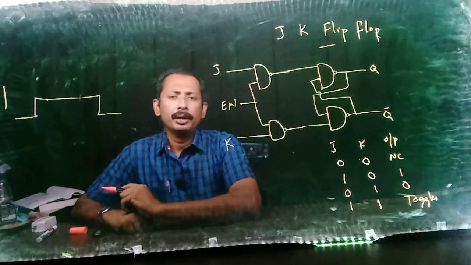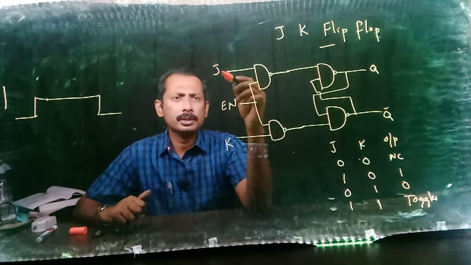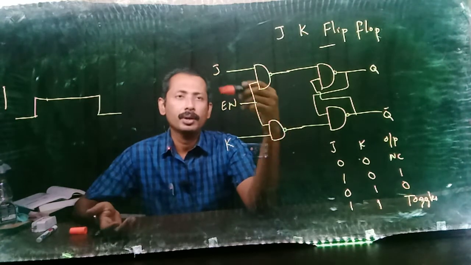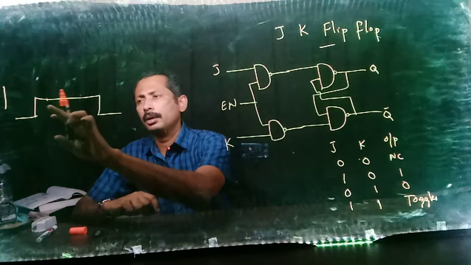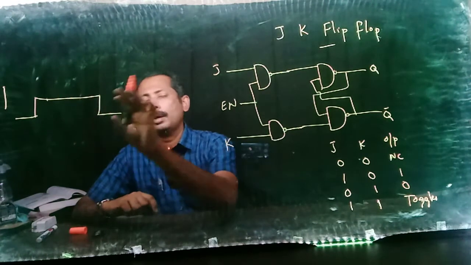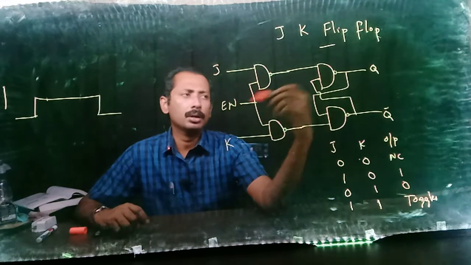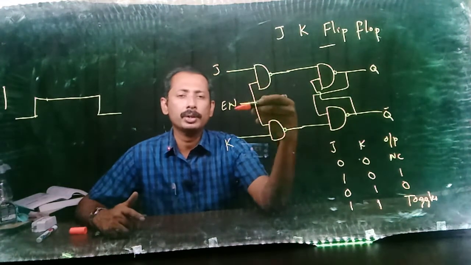And if the input J is 1, K is 0, then the output becomes 1. So at that condition, the output will be 1 always because J is 1, K is 0.